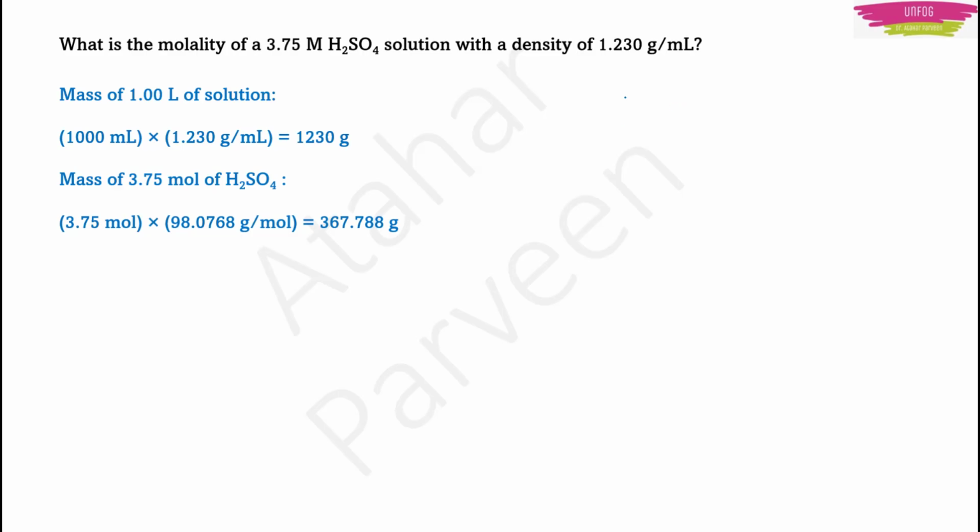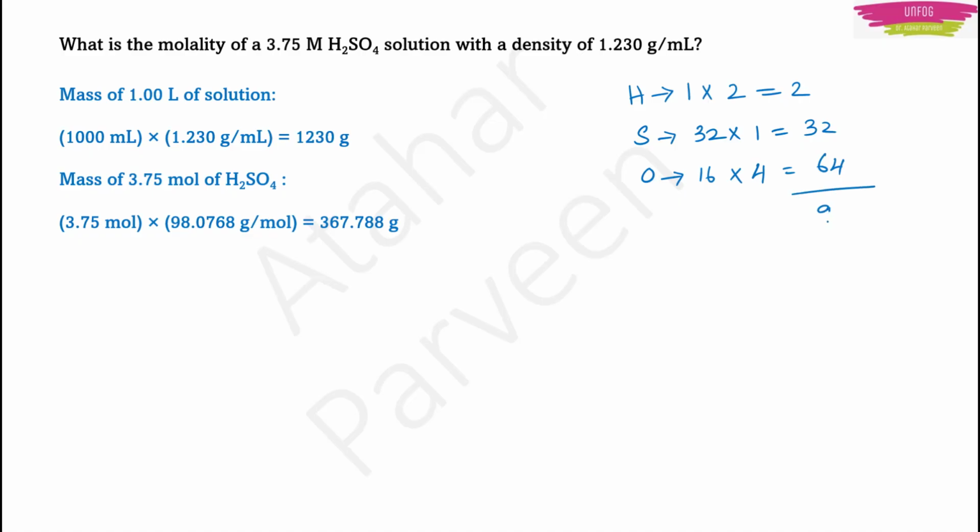How you calculate the molar mass of H2SO4? See, for hydrogen, atomic mass is 1 and you have 2 atoms here, right? So it will be 2. Then again for sulfur, atomic mass is 32. We have only 1 atom here. So it will be 32. Then for oxygen, atomic mass is 16. You have 4 atoms here. So multiply it with 4. You get 64. Now add all these.